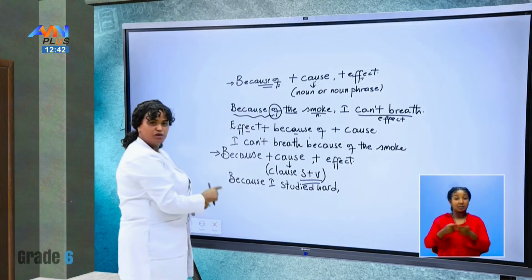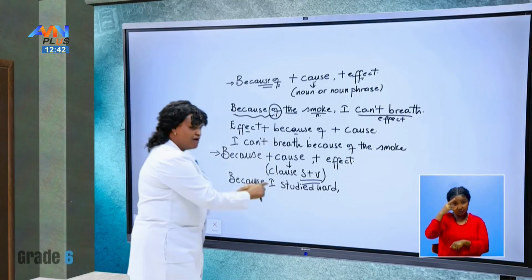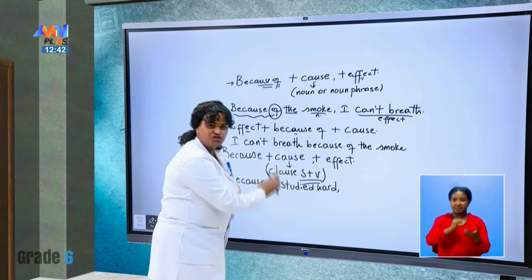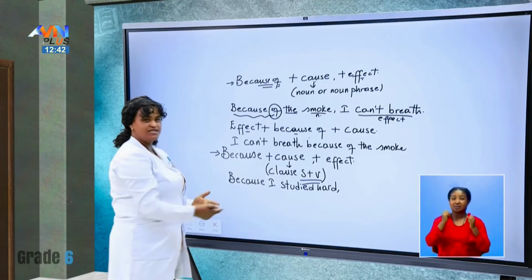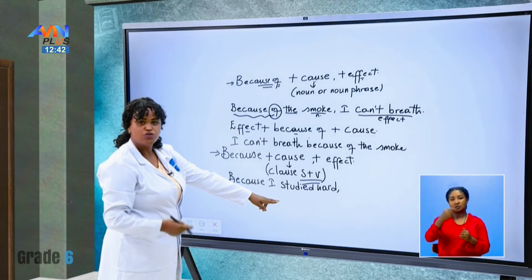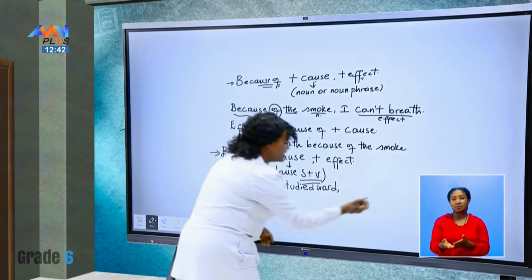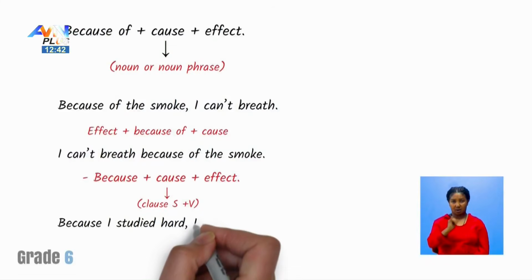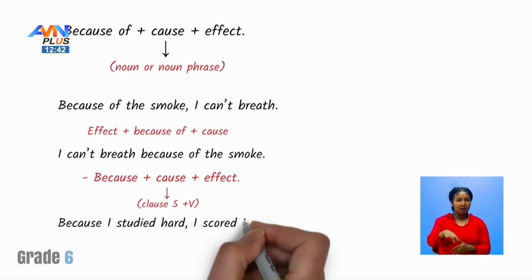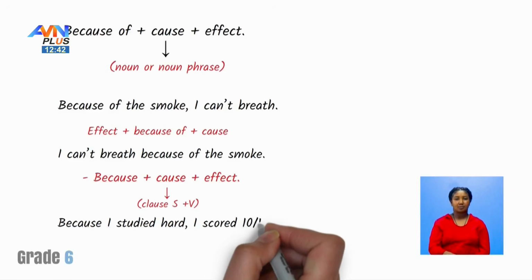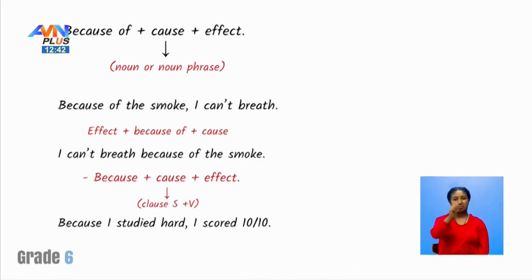But this time, because, I, subject, studied, verb. You see? Because I studied hard, this is the cause. Then what happened? Because I studied hard, I scored 10 out of 10. Excellent.